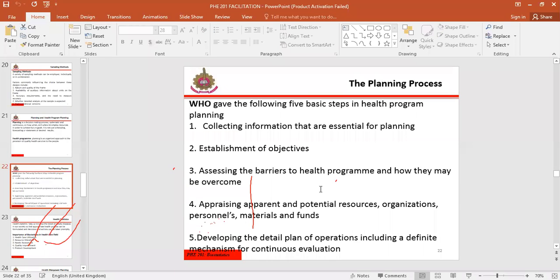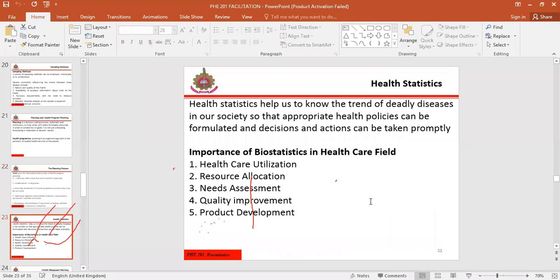Also, you have to assess the barriers to health programs and how they can be overcome. Another one is appraising the apparent and potential resources: organizations, personnel, materials, and funds. And the last one is developing the detailed plan of operations, including the definite mechanisms of continuous evaluation of the health program.